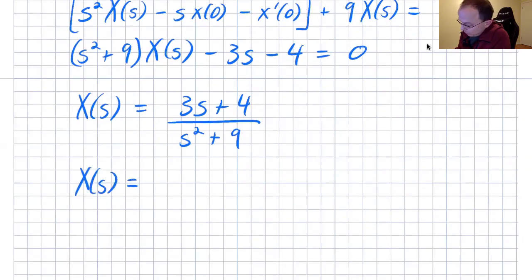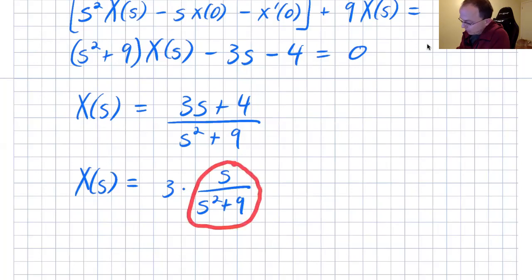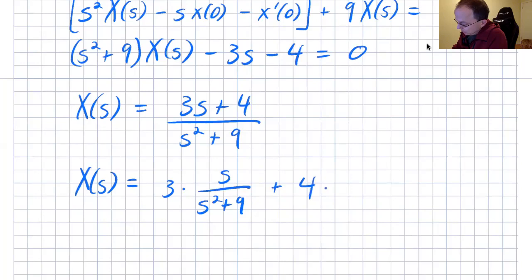We're going to do 3 times s over s squared plus 9. And if you recall, this is the Laplace transform of cosine 3t. So there's cosine 3t right there. And then on the other side, we have plus 4 times 1 over s squared plus 9.